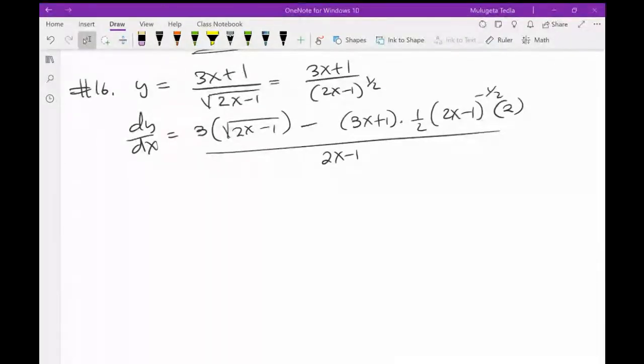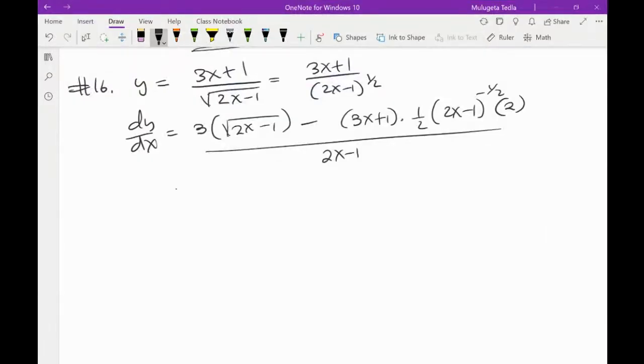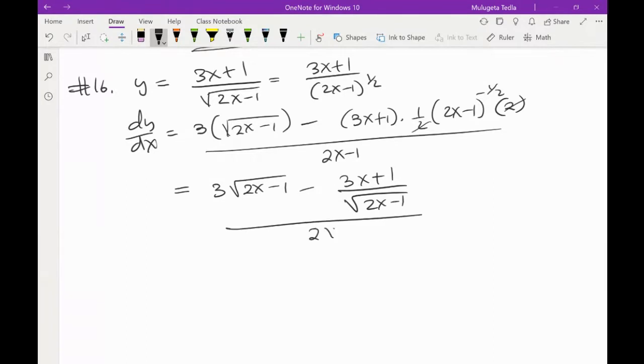So far, okay? And silence is agreement. So this is 3 root of 2x minus 1, so the 2's cancel, then minus (3x plus 1) over root of 2x minus 1, all over 2x minus 1.